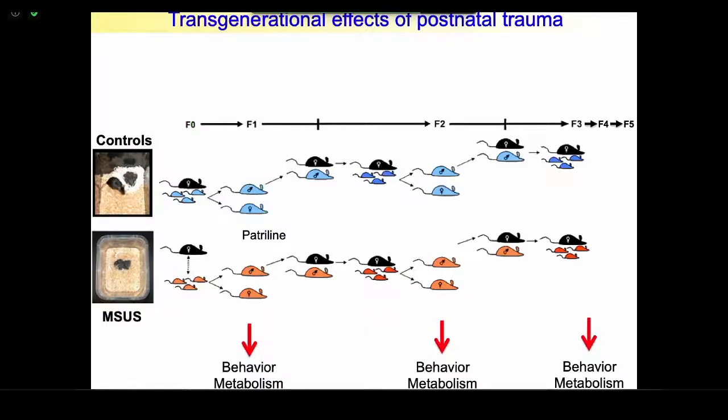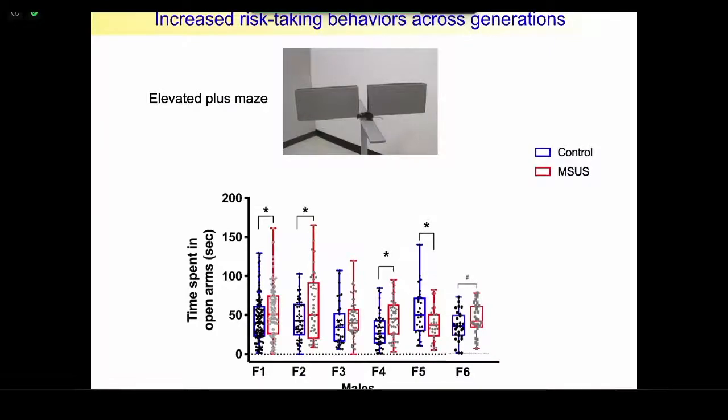But this manipulation, this childhood trauma, this stress, we have found that it alters behavior and it increases risk-taking behaviors across generations. So here it's a compilation of many years of work showing that increased risk-taking that we evaluate on one of these tasks, which is the elevated plus maze.